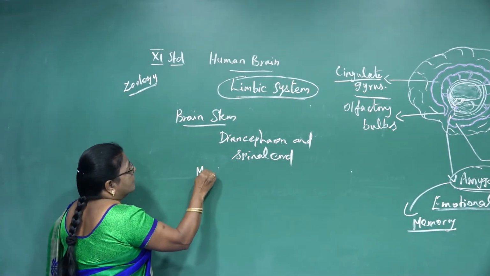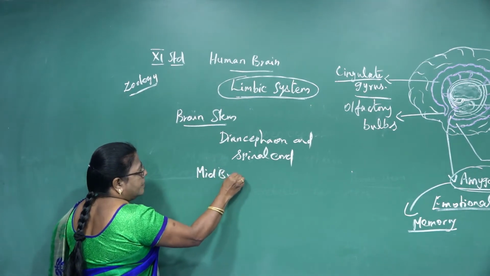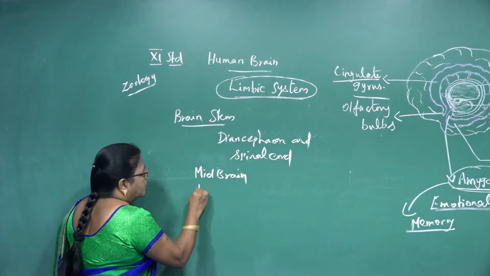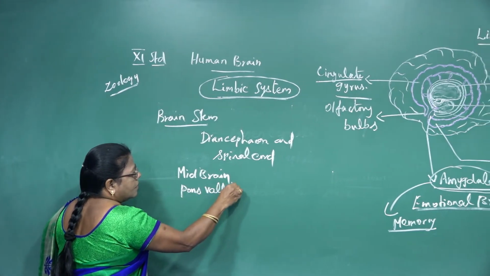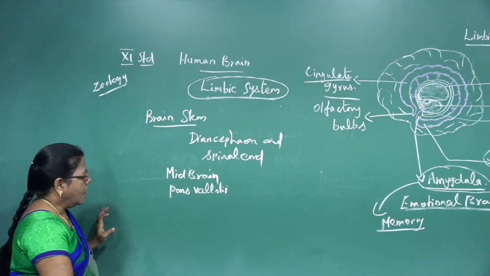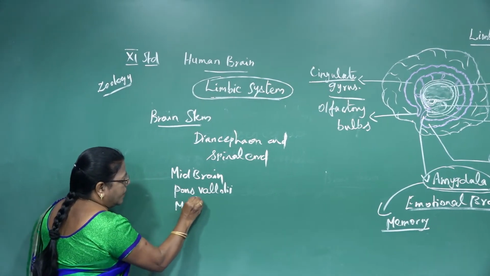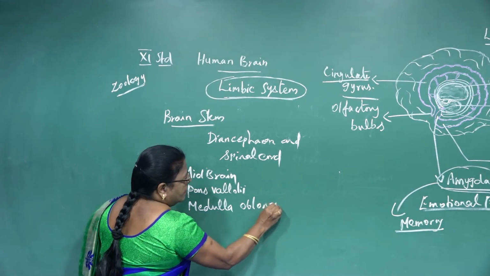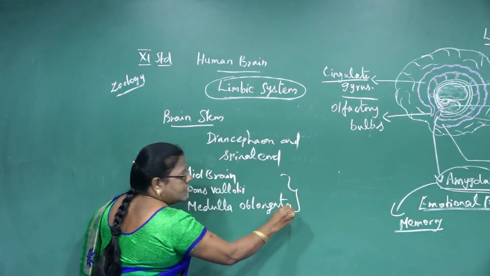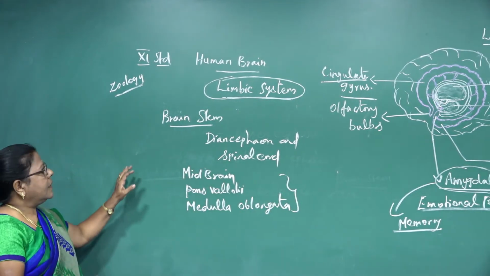One is midbrain, pons varoli, and medulla oblongata. These three regions come under the brainstem.